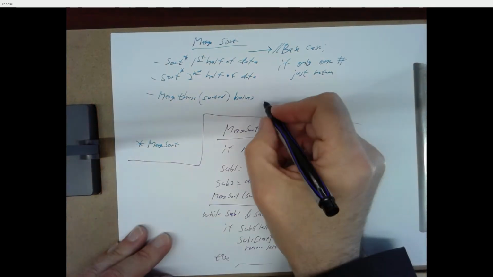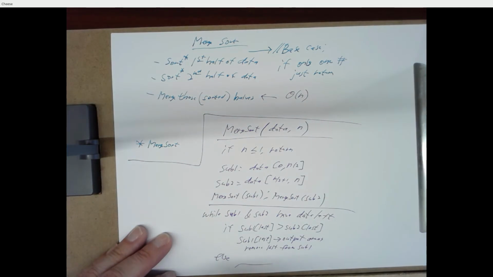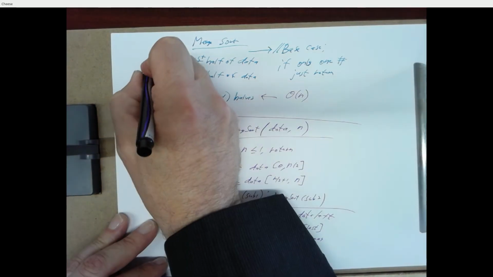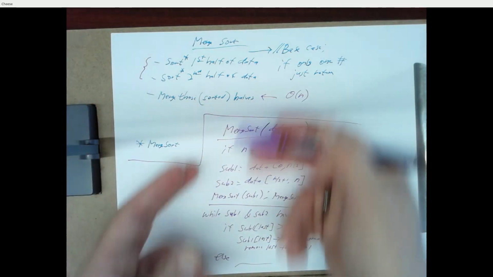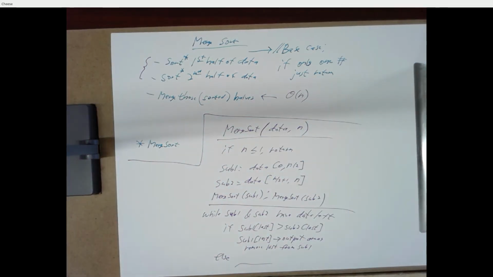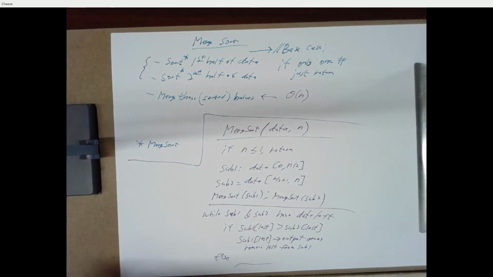So this merging step, this interleaving, is basically order n. You have to go through a total of n pieces of data as you put them into the output array one at a time. But each time that we split our data in half, we have to go through this whole merge sort algorithm. So the question is, how many times will we recursively call merge sort?